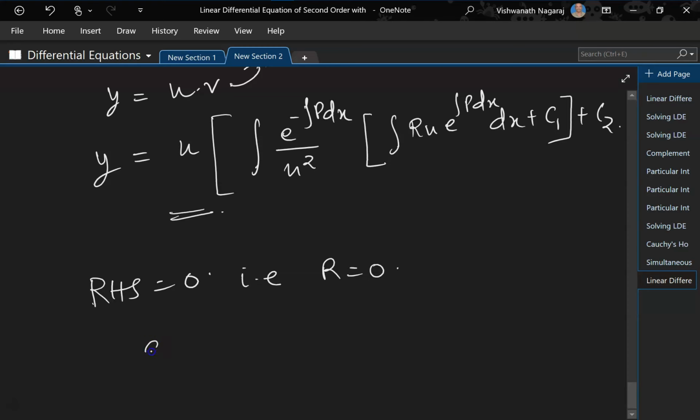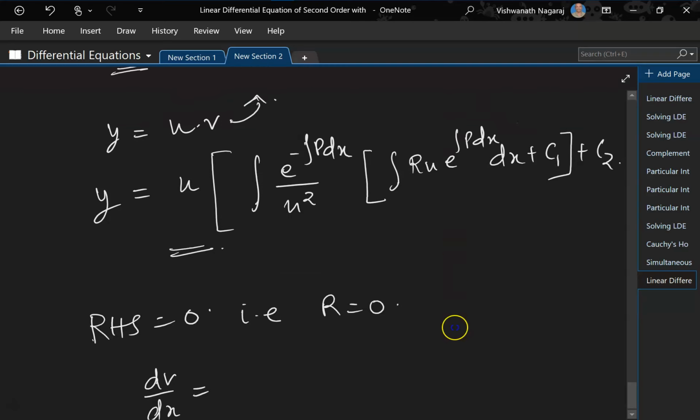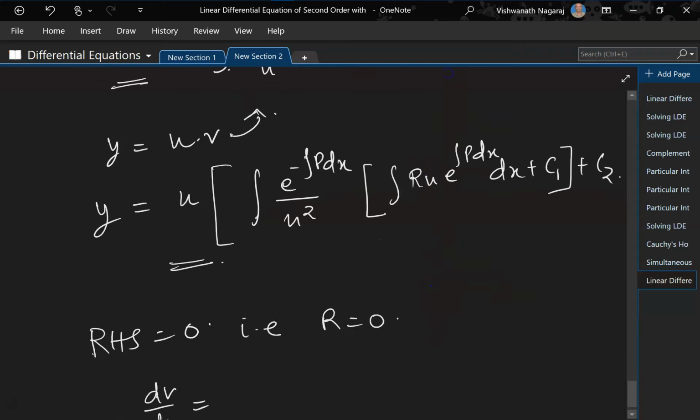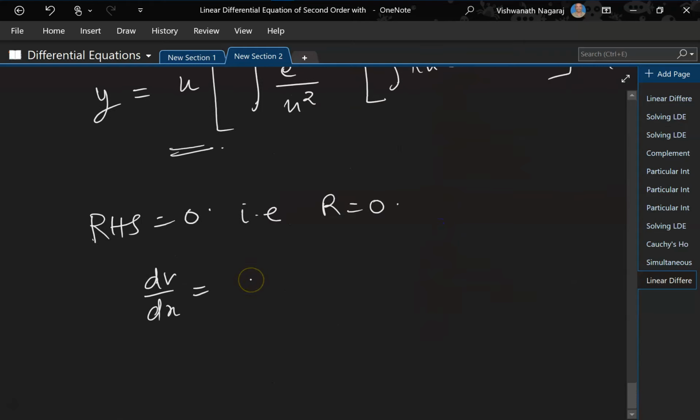So dv by dx, if you notice, with r equal to 0, the whole integral term will become 0. We will be left with only c1 by u square, right? So we will be left with c1 e to the power of minus integral of p dx by u square.